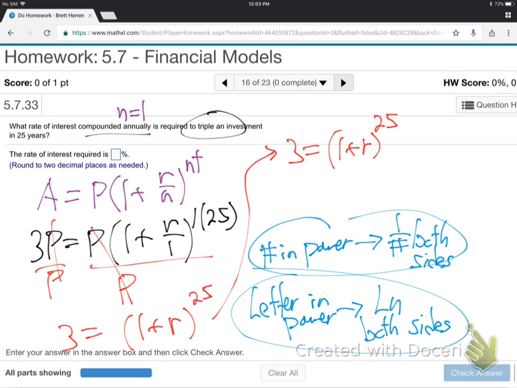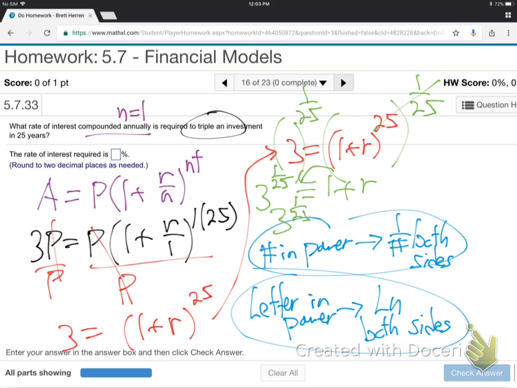So I'm going to come in here and go, okay, 1 over 25, 1 over 25 cancels. Getting that okay? 1 plus r. And then just subtract that 1. 3 to the 1/25th minus 1. So whatever that may be.